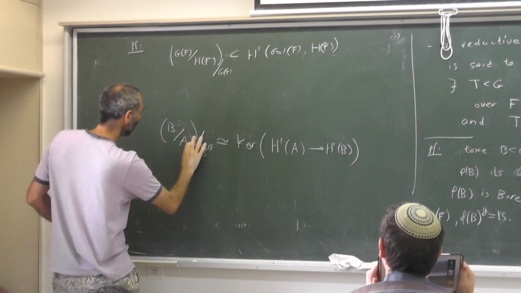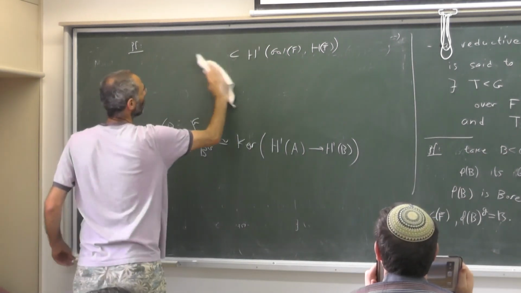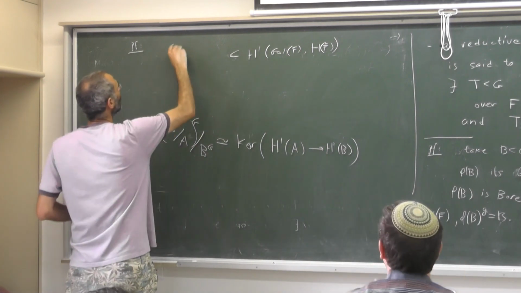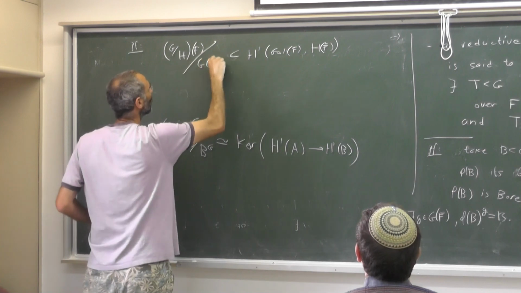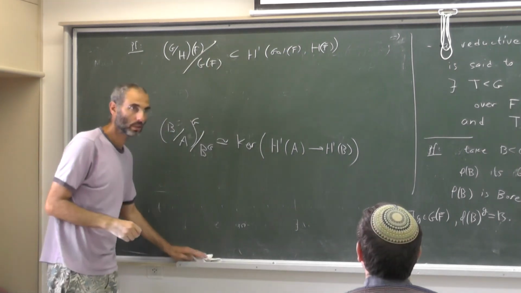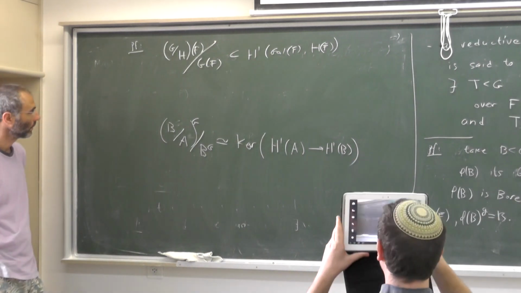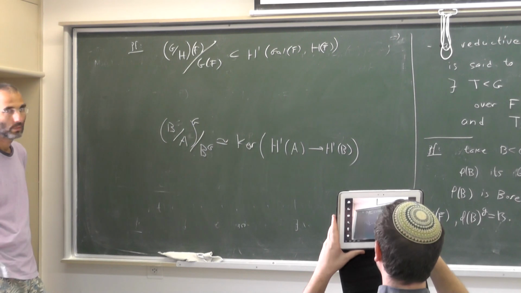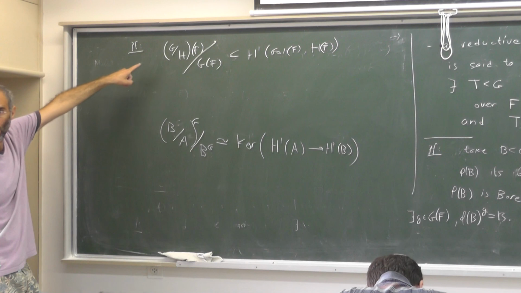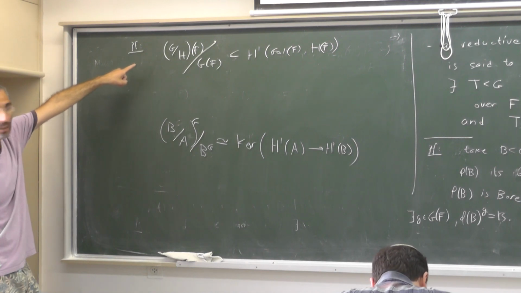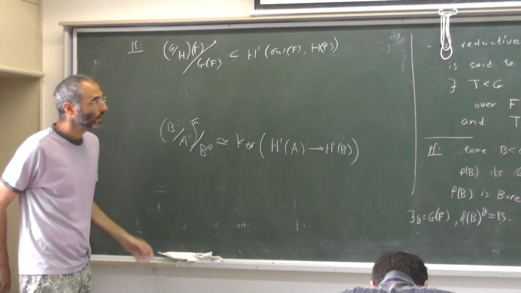I wrote things incorrectly; it should have been G(F) over H(F). That's the exercise we had, and that's a corollary of it in that particular case. And if this is finite, then this is finite, which provides a corollary.